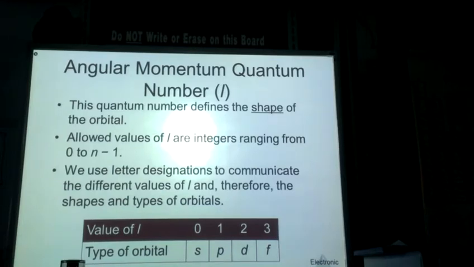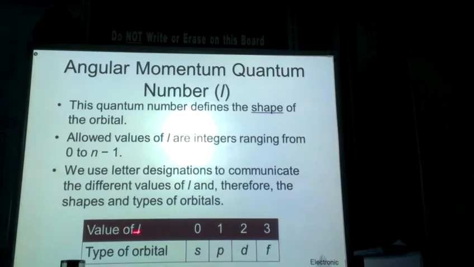When we find our value for L, we're going to do that by taking N minus 1. So it says that allowed values of L are integers ranging from 0 to N minus 1. So what does that mean? This means if the value of L is 0, the orbital type that we're going to be talking about is s. If the value of L is 1, the orbital that we're going to be talking about is p.